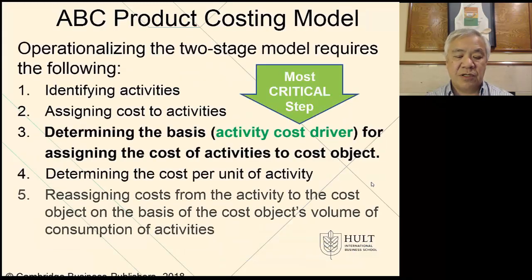What we're going to do is a two-stage model where we start with identifying the activities that are done by a department or a group. Then we assign those costs to activities. An example would be a purchasing department which does two activities. So we have a department level cost, and then two activities conducted by that department, and we allocate the costs of the department to activities.